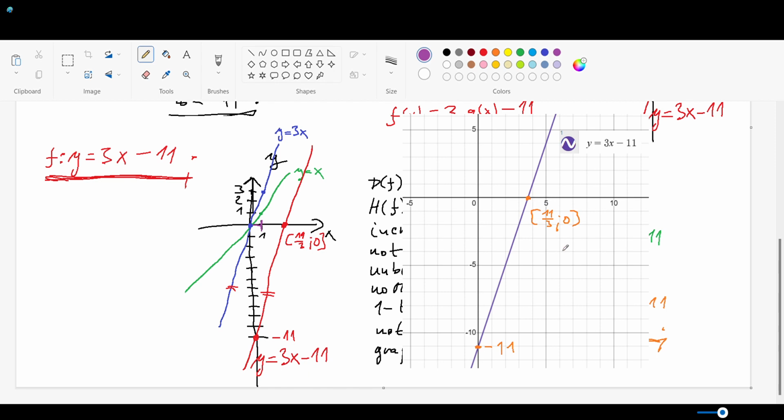Let me say one more thing. What is the slope? We said that the slope means if we move 1 unit to the right, then we have to move 3 units up. So let's check if this linear function really has the slope 3.